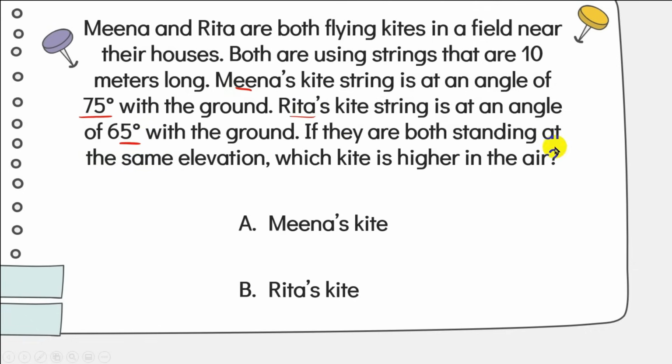If they are both standing at the same elevation, which kite is higher in the air? Alin daw ang mas matayog or mas mataas? Yung kay Mina or yung kay Rita? So, that's Mina's kite, letter A. Since 75 degrees yung angle noong kite string ni Mina, mas mataas or mas matayog ang lipad ng kite ni Mina compared kay Rita. Okay?